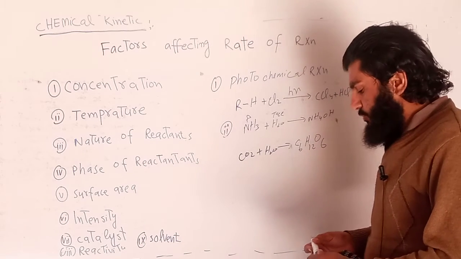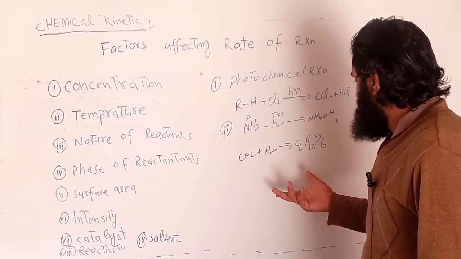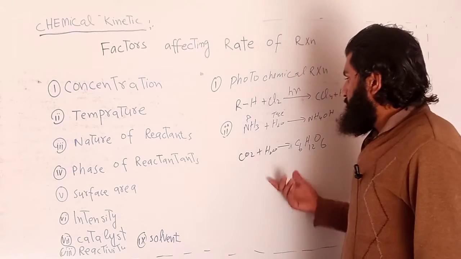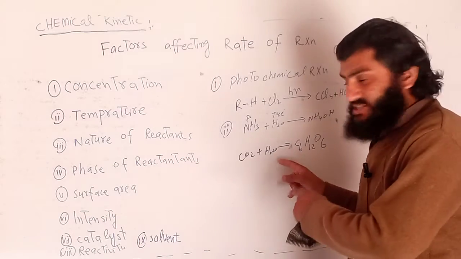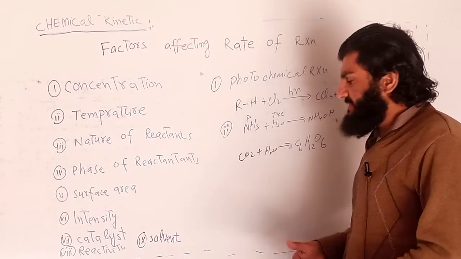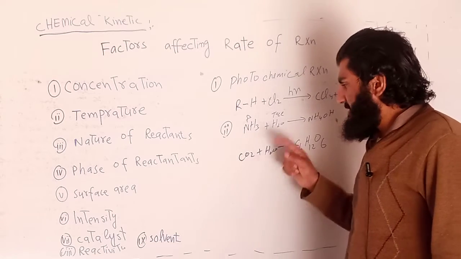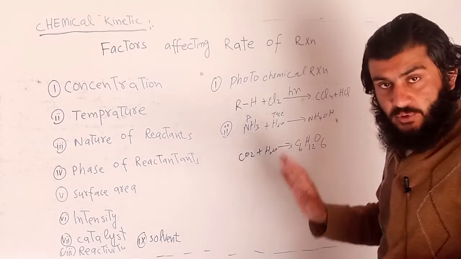So as the concentration of these reactants increases, the product also increases. Clear? So the rate of such a reaction increases as we increase the concentration of reactants. In such a case, the rate of reaction depends on the concentration of both.